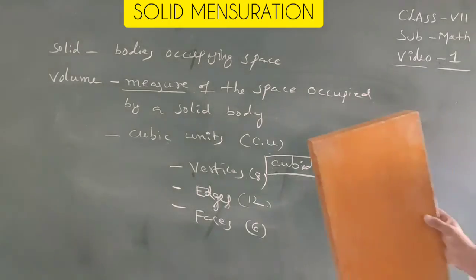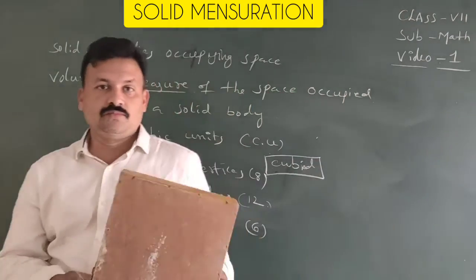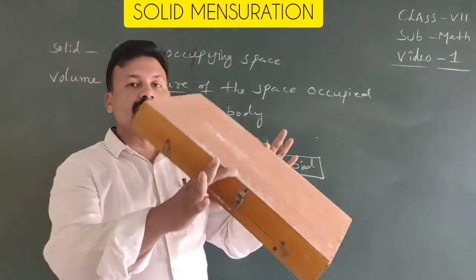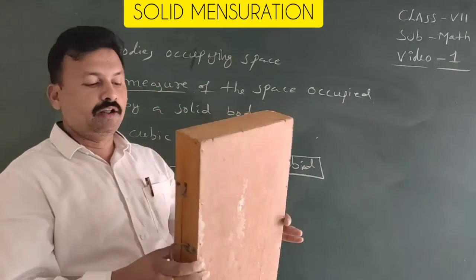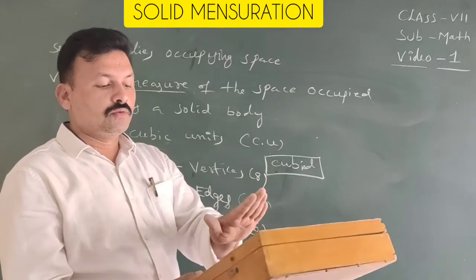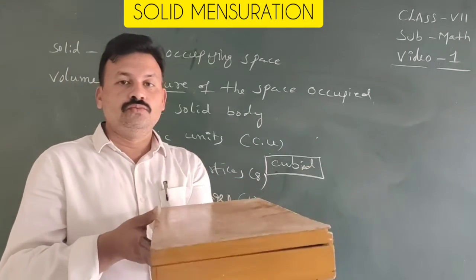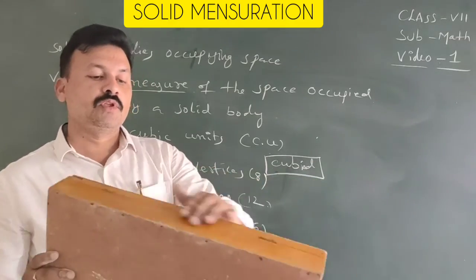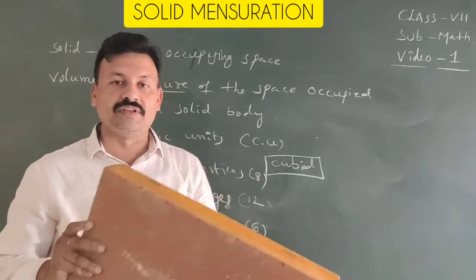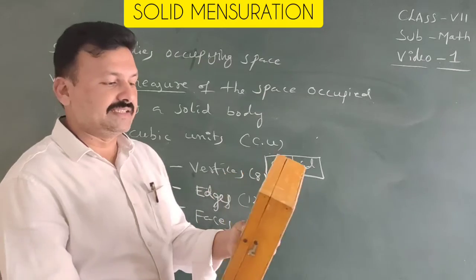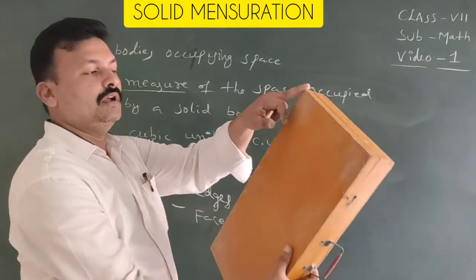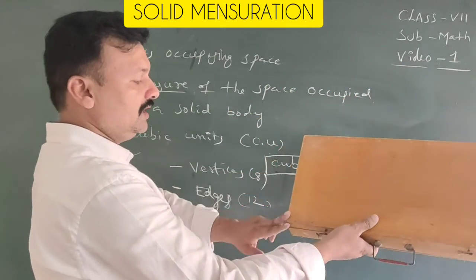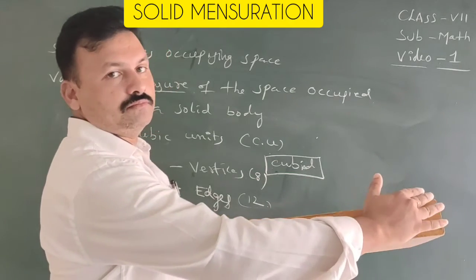I will show it with the help of this box. This box is in the shape of a cuboid. Now 1, 2, top and bottom, then 4 places, 4 faces. Edges 1, 2, 3, and 4.